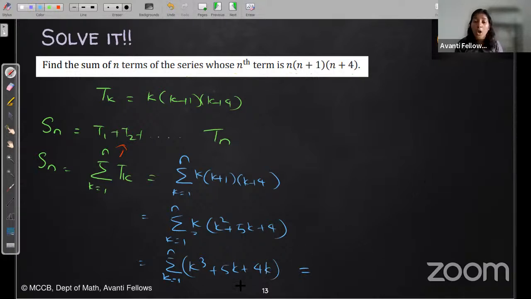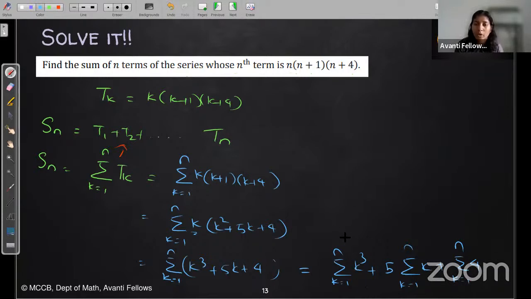Now, according to the property of summation, what can I do here? I can write this as summation k is equal to 1 to n of k cube, plus 5, which is a constant, I'm taking it outside, summation k is equal to 1 to n of k squared, plus 4 times summation k is equal to 1 to n of k.